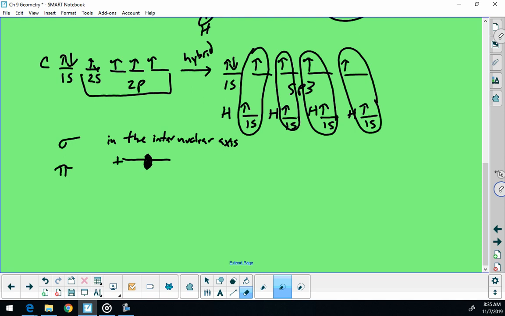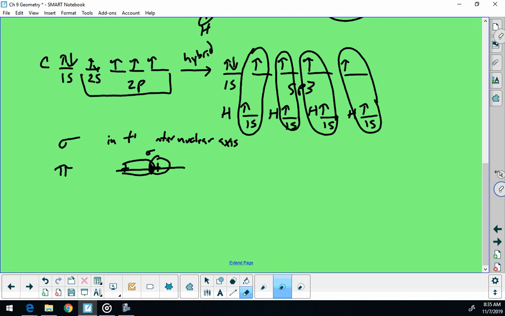So here's one nucleus, here's the other nucleus, and there's a bonding density here, and here is an axis, and that bonding density is on the internuclear axis, so we call that a sigma bond.